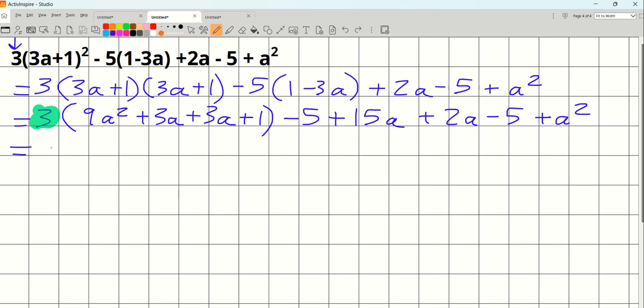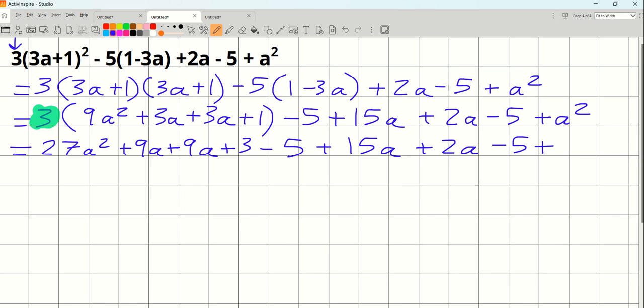So I start 3 times 9a squared, that is a 27a squared. 3 times 3a, that is 9a. 3 times 3a, once again, 9a. 3 times 1 is just a 3. And now I'm just going to write the rest of my terms for the purpose of combining like terms at the very end.